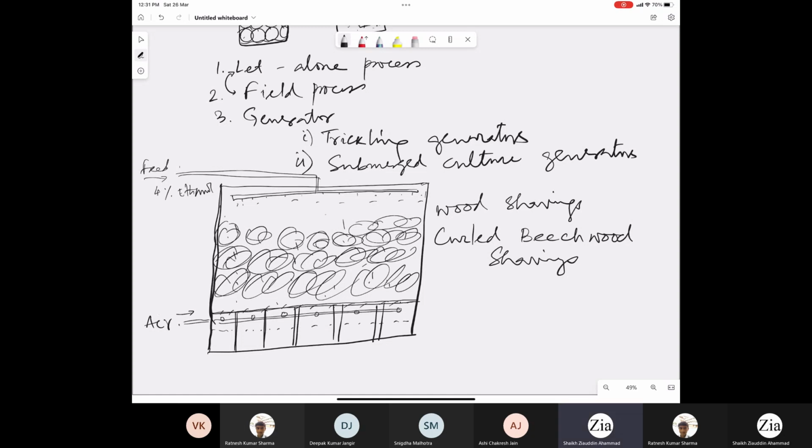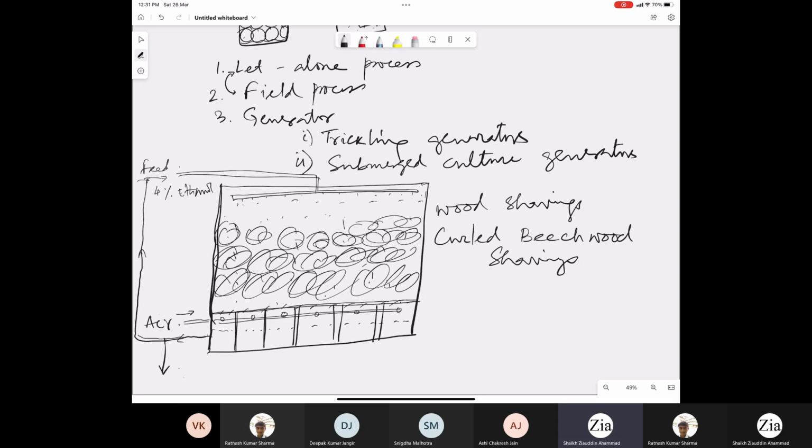Typically, this feed line will also be connected with a recirculation line. So some amount of liquid will be collected from the same line, and the remaining portion will get recycled back. So you will get more contact. Continuous recycling will be done, which will ensure higher conversion.